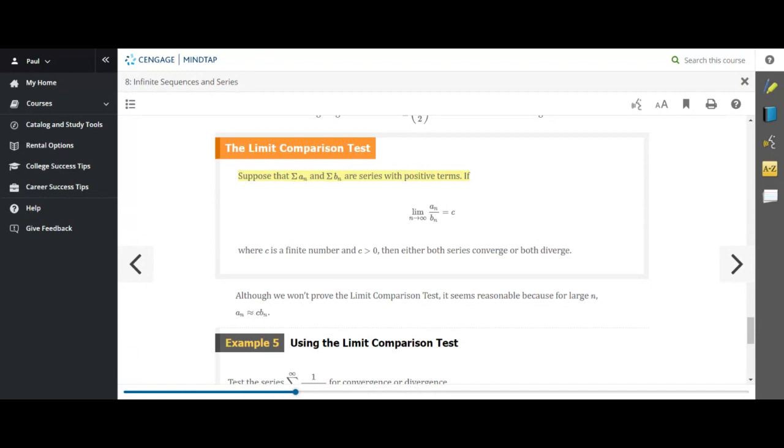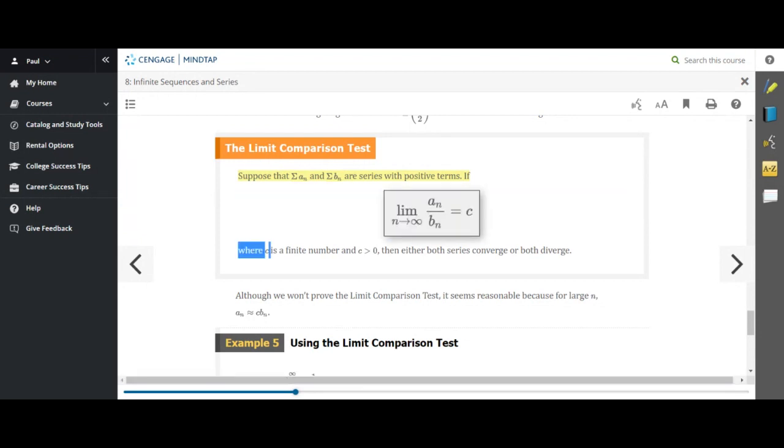What this really means is that if the terms of the two series are in proportion to each other in the limit, then the behavior of one series will be the same as the behavior of the other series. That's what it means.